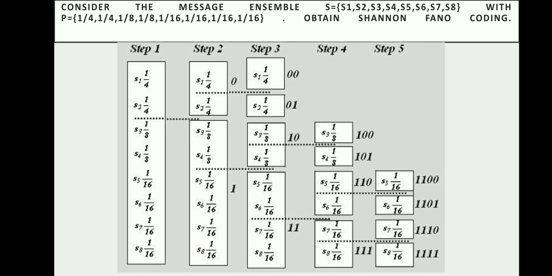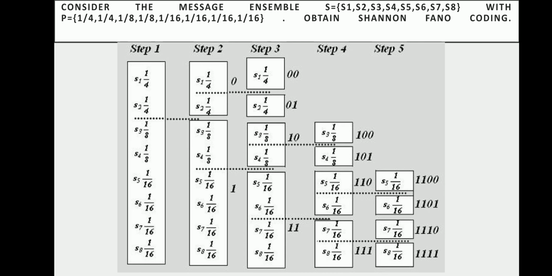Next we can take the second group. Again the second group consists of 6 symbols. We need to divide the symbols into 2 groups having nearly equal probability. So we can group S3 S4 together and the remaining together.